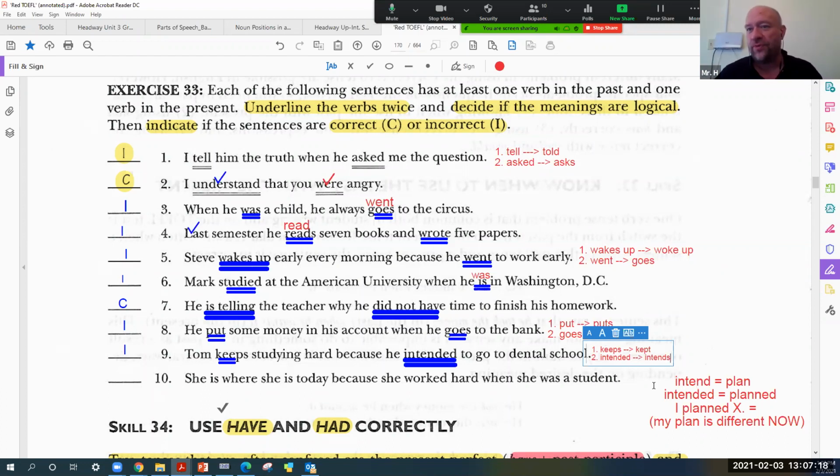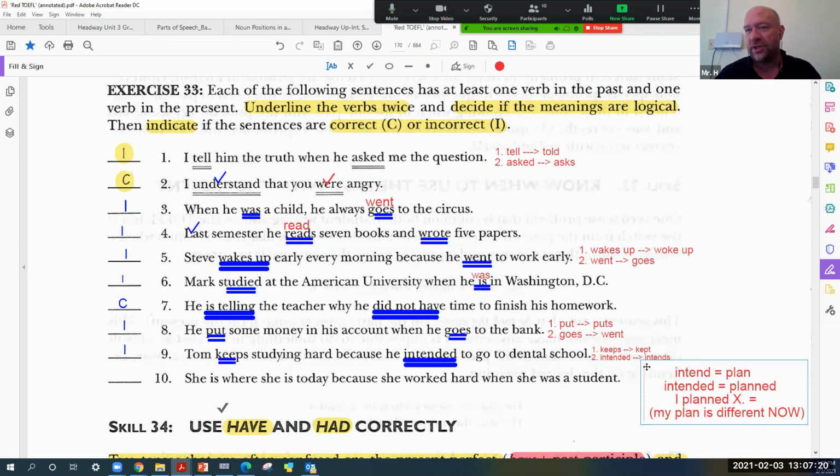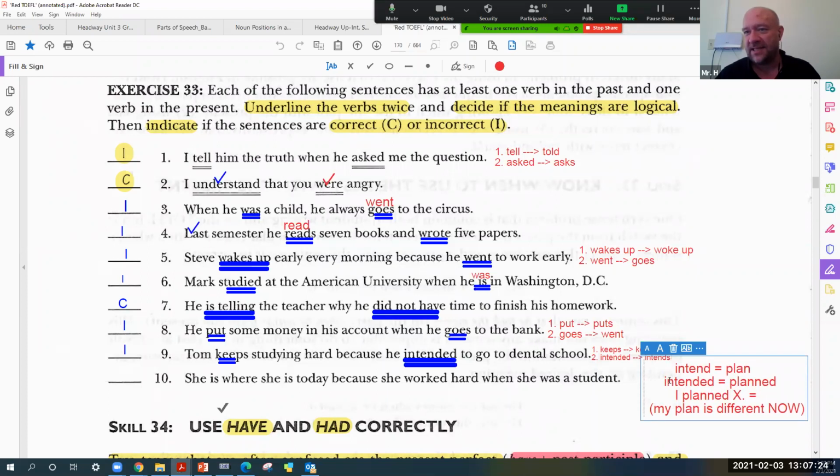But if you use intended, just remember, when you put it in the past tense, it means my plan is different now. Do you understand? Yes. Okay. Number 10.